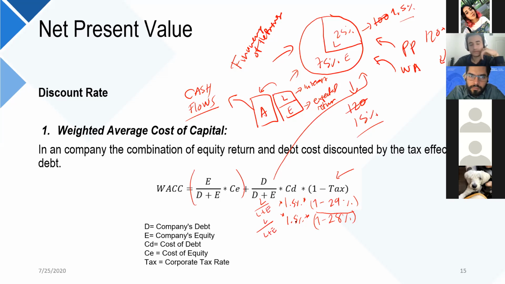Teacher, for the debt and equity values, do we have to use the percentage or the monetary value? Well, you need to use the monetary value to get the percentage. Then with the percentage, you multiply by the cost of debt.